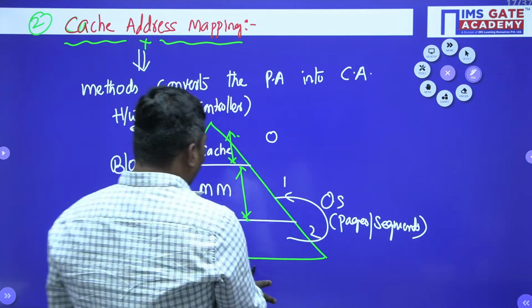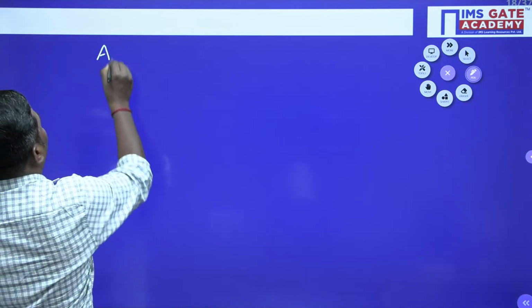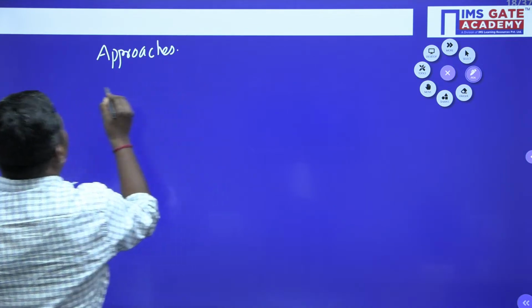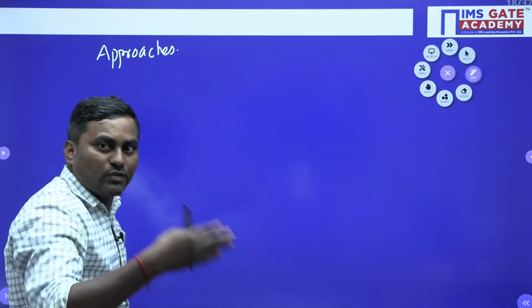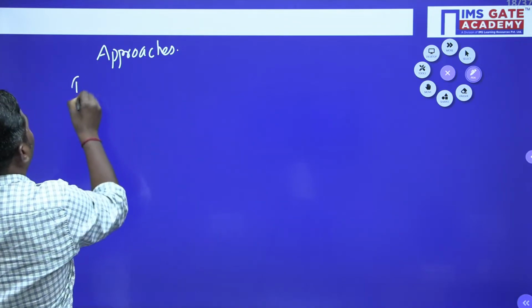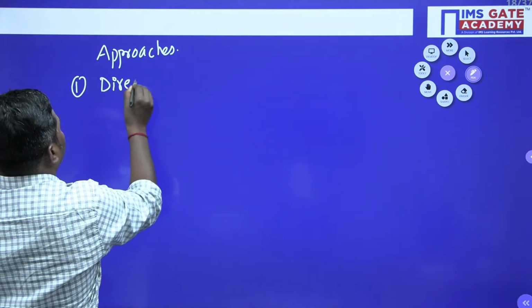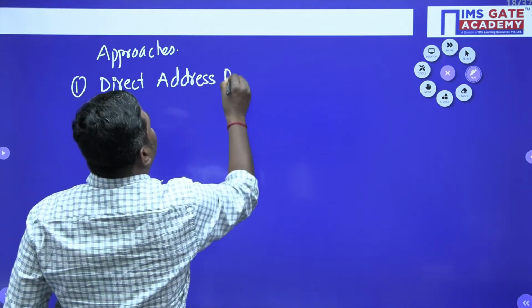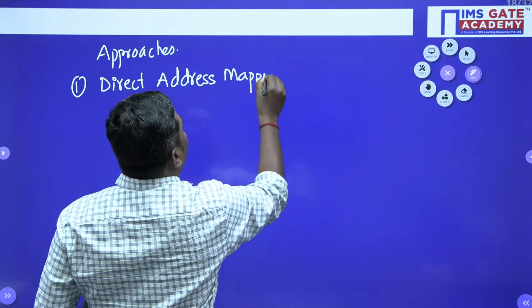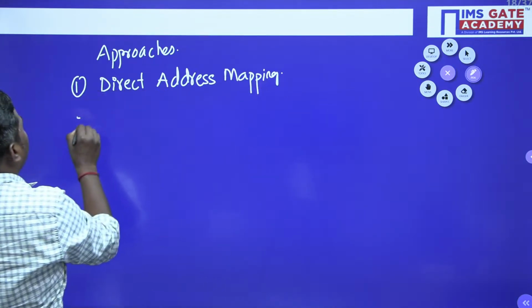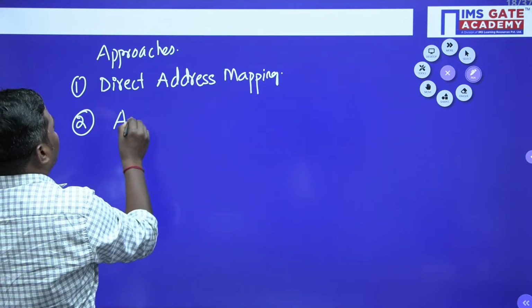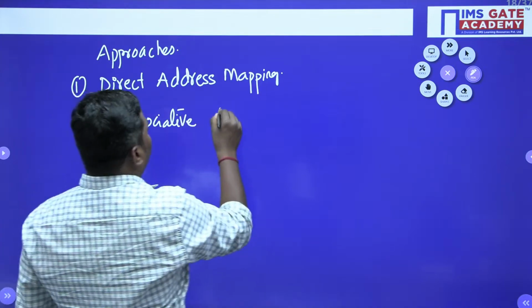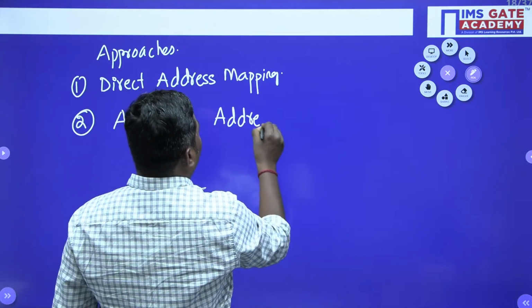So there are several approaches for converting the main memory address, the physical address, into cache address. One is direct address mapping.